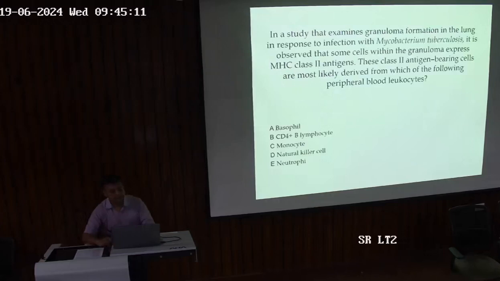So, in a study that examines granuloma formation in the lung in response to infection with Mycobacterium tuberculosis, it is observed that some cells within the granuloma express MHC class II antigens. These class II antigen bearing cells are most likely derived from which of the following peripheral blood leukocyte?